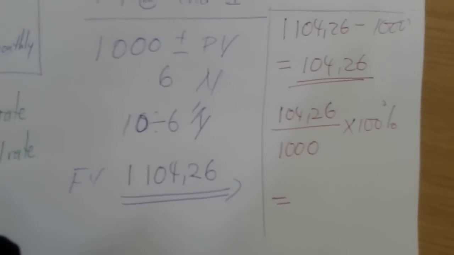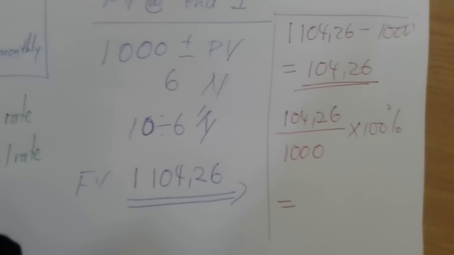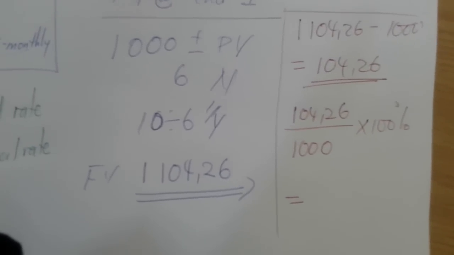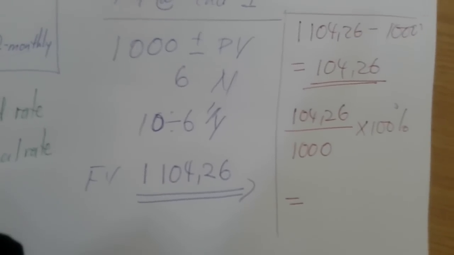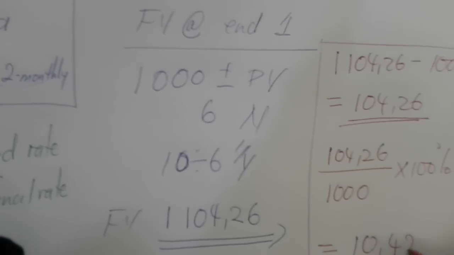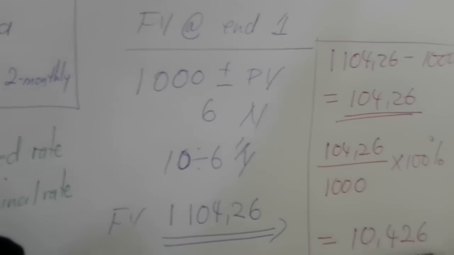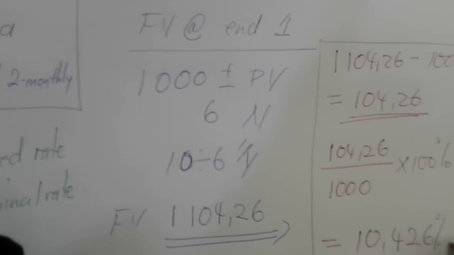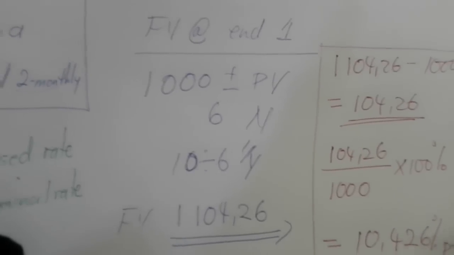So 104.26 divided by 1,000 times 100% gives you 10.426% per annum.